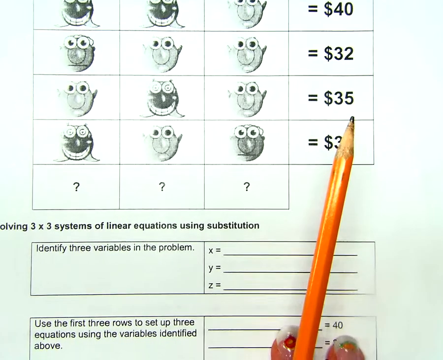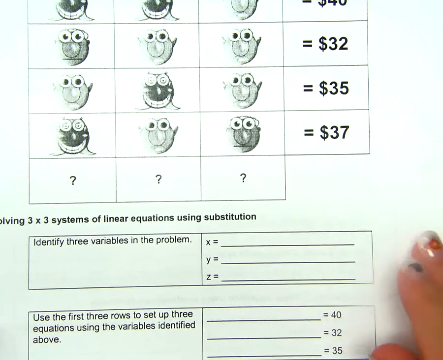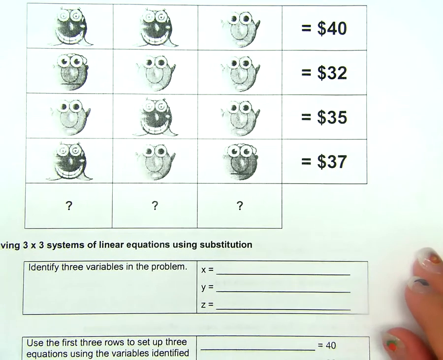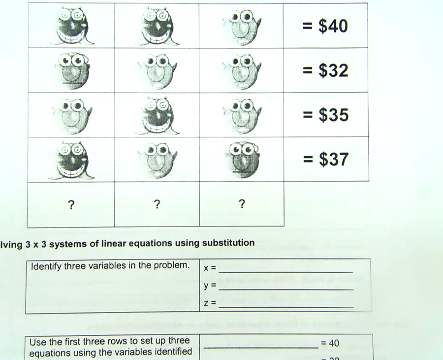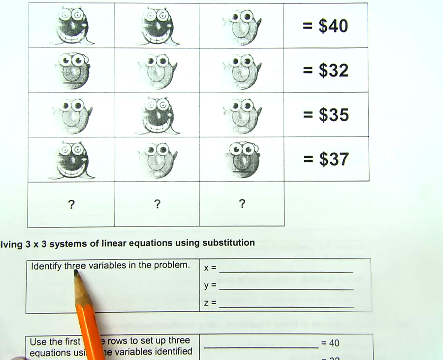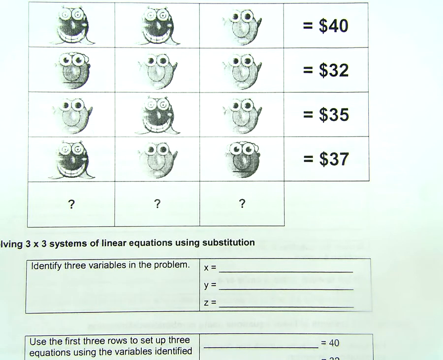Okay? Now, believe me, there are many more meaningful problems that we will get to with systems of equations. We just have to start with a goofy one. Okay? So, first thing we need to do is identify 3 variables in the problem. And to a lot of you, that's going to seem really stupid, because look, there's already 3. Done. Okay?